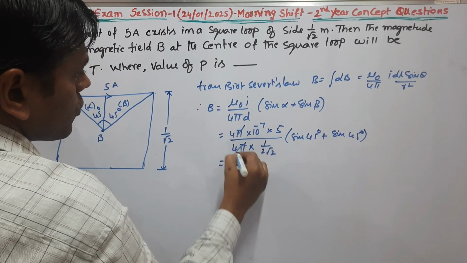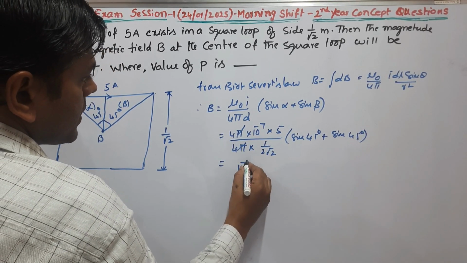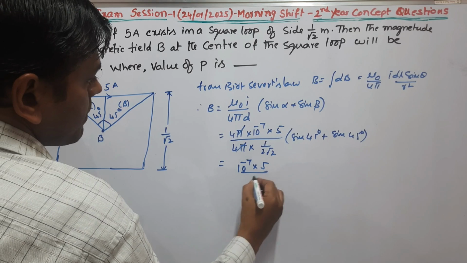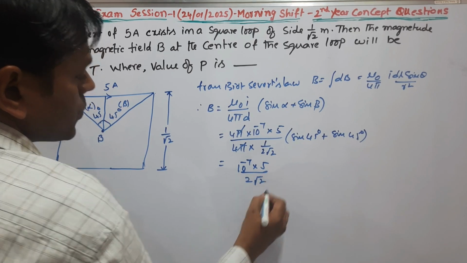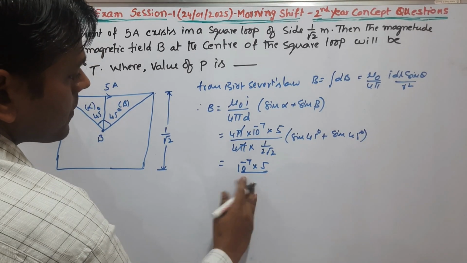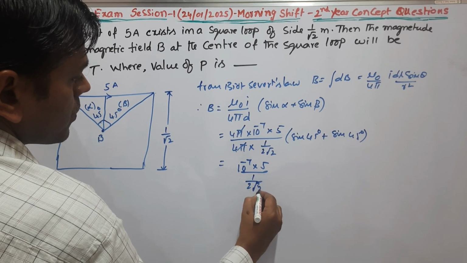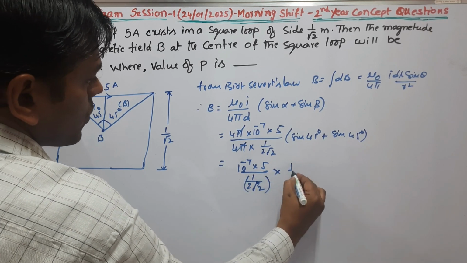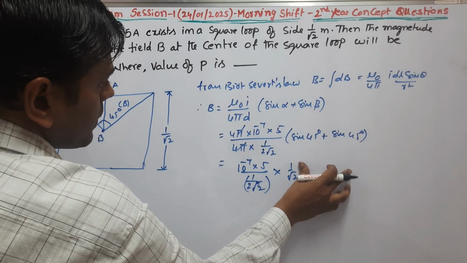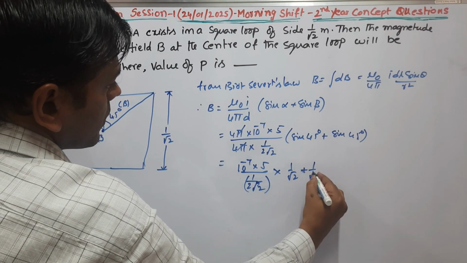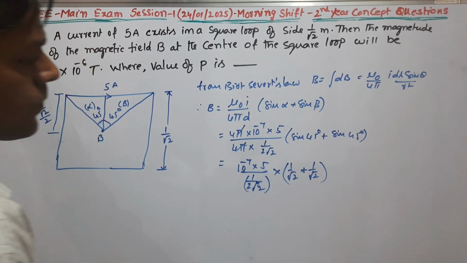So, 4 pi cancels, 10 power minus 7 into 5 by 2 root 2, that means 1 by 2 root 2 into 1 by root 2 plus 1 by root 2.